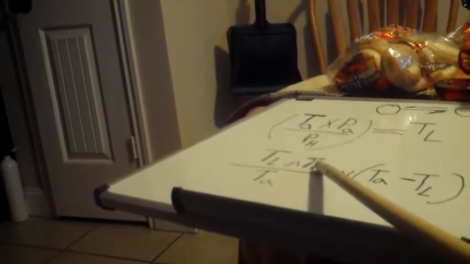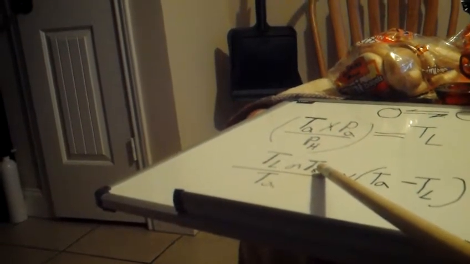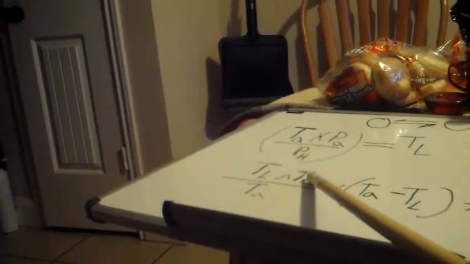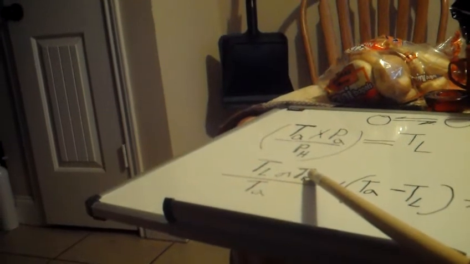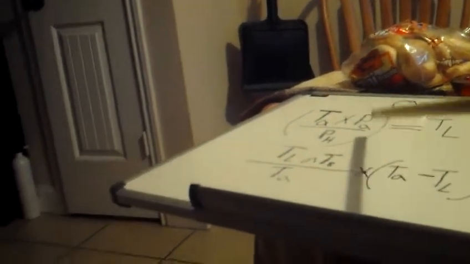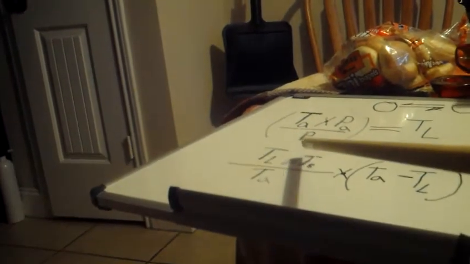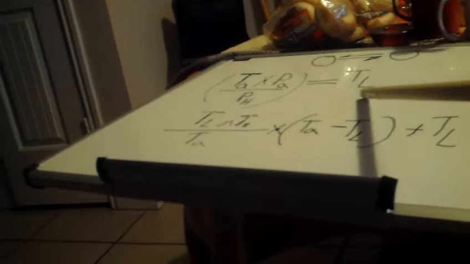TB would be the boiling temperature at ambient pressure, or if T low is higher than TB, the gas boiling temperature, then you'll use T low instead.